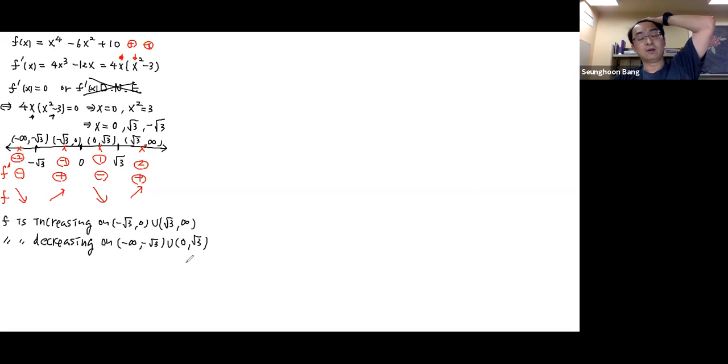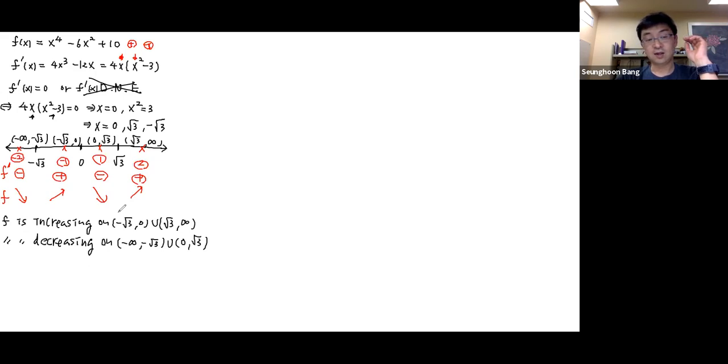Another question: do we have a local maximum or local minimum? Do we have a local minimum of f? Yes or no? Yeah.